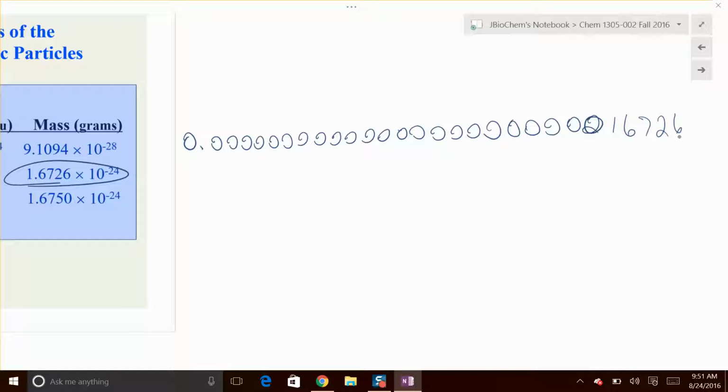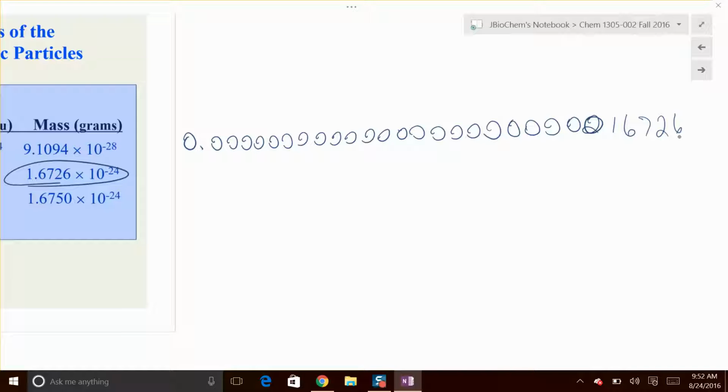And we're going to do that by basically, instead of working with single atoms, which we can't do, working with a lot of atoms. So in the laboratory, I don't weigh out single atoms on my scale, right? I don't carry out chemical reactions with a single atom. I carry out chemical reactions with 5 grams of a substance or 10 grams of a substance.